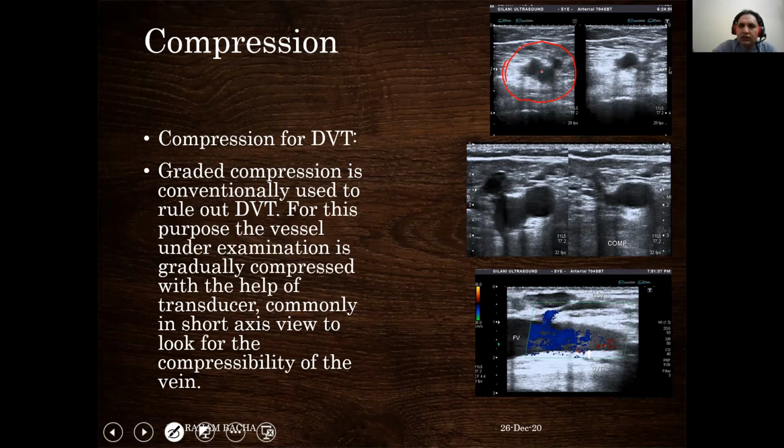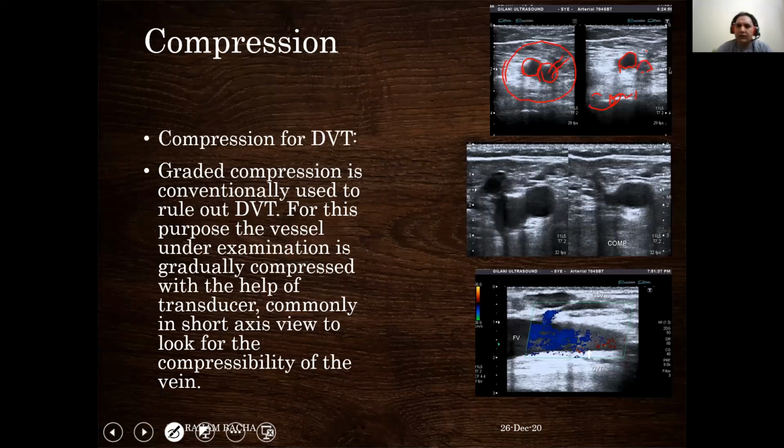Here you can see the common femoral vein, and on the lateral side there is the common femoral artery. But in the next image, which is a compression image, during compression only the artery appears, but the femoral vein and great saphenous vein disappear due to compression.